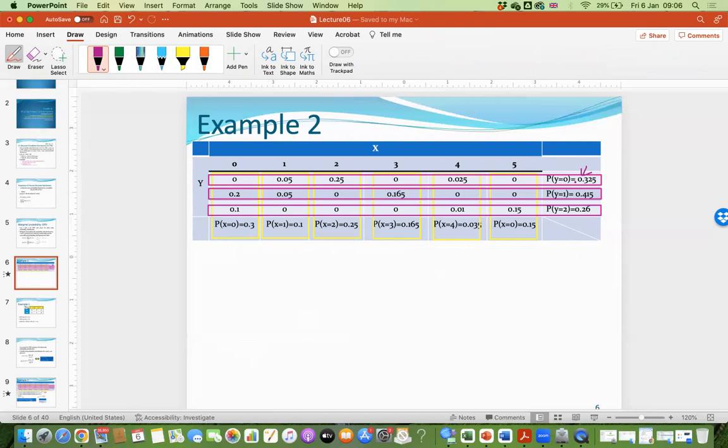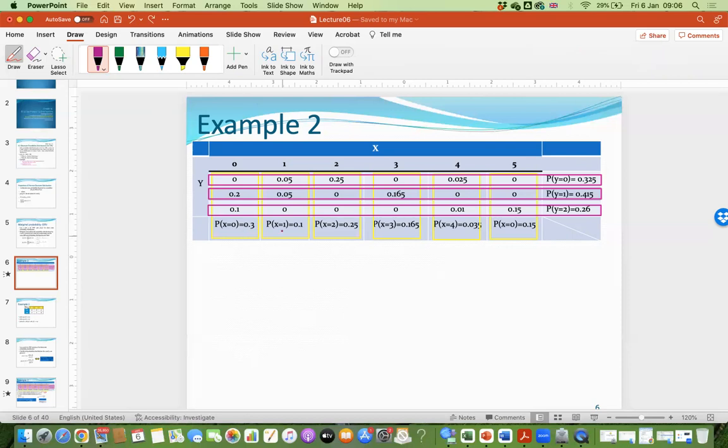But now my marginal probability Y is fixed. The changing one is X. So from there, I combine them. This is the marginal Y equals to 0 and the probability is 0.325.